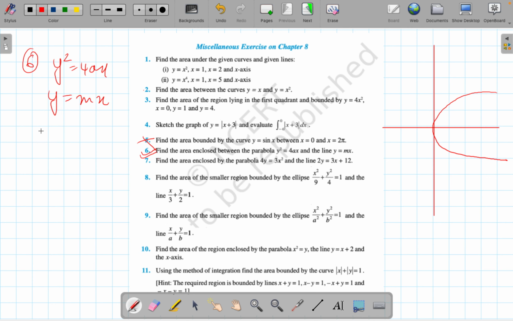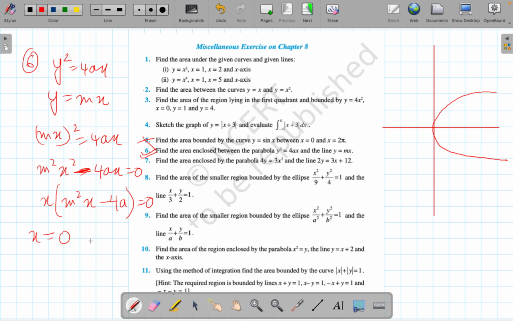Put the value. So mx whole square is equal to 4ax. So m square x square minus 4ax equals to 0. Let's take x common. So x times m square x minus 4a equals to 0. So x is equal to 0 is one point, and x is equal to 4a upon m square is another point of intersection.